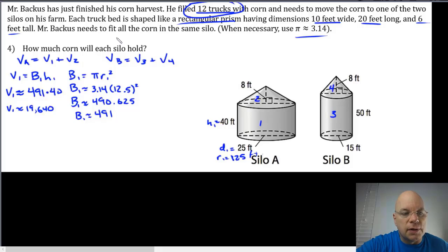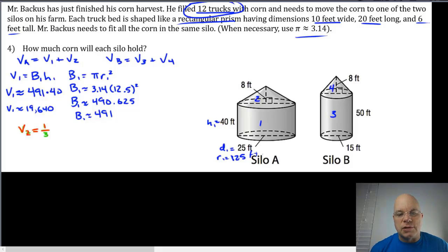Now I'm going to do the volume of cone 2. Volume of a cone is equal to 1/3 multiplied by the area of the base multiplied by the height.